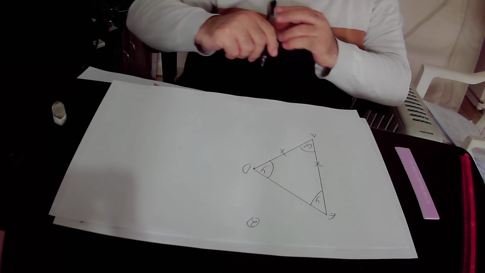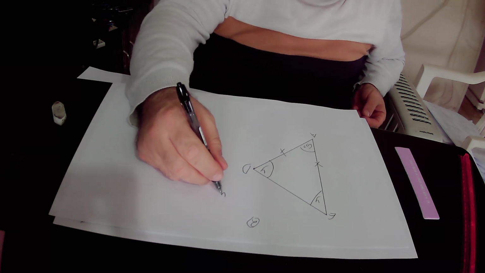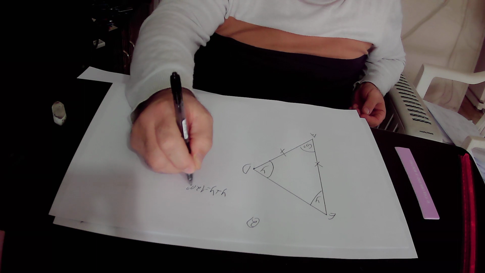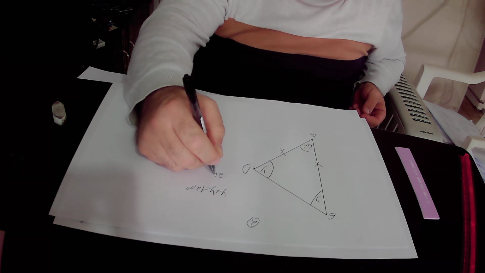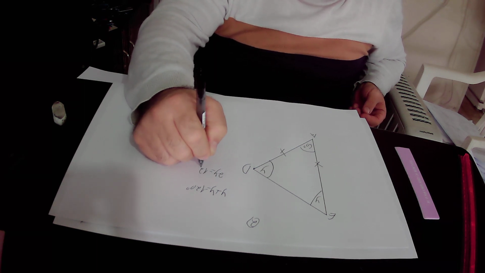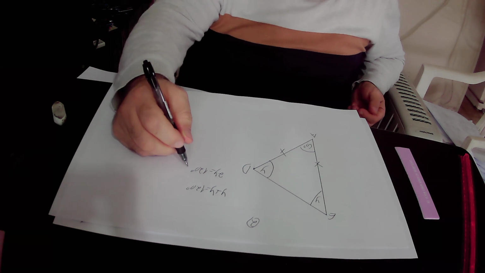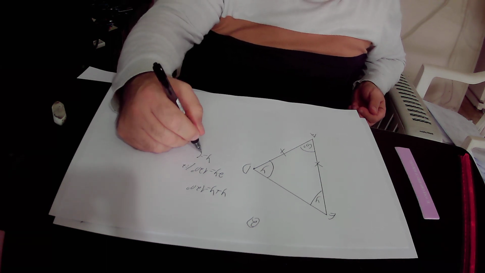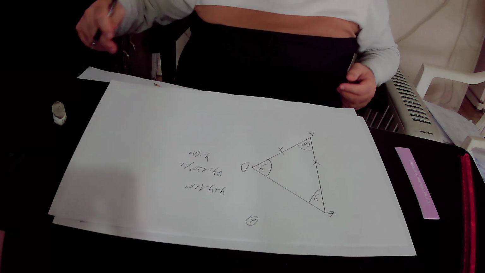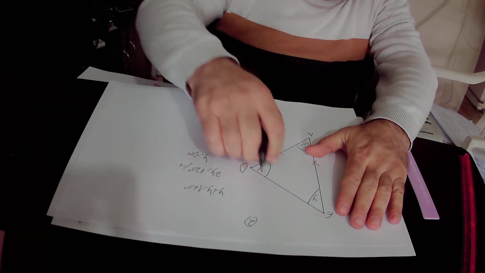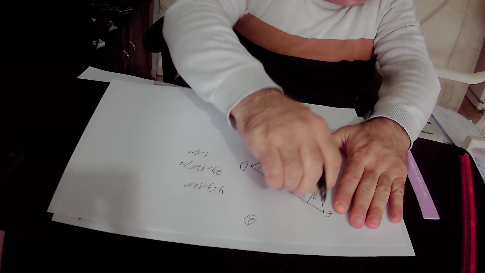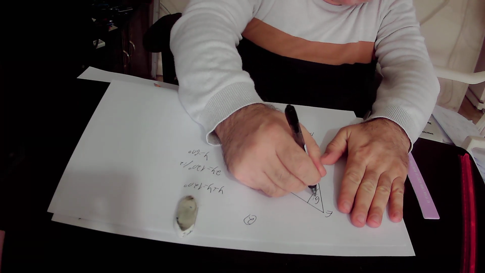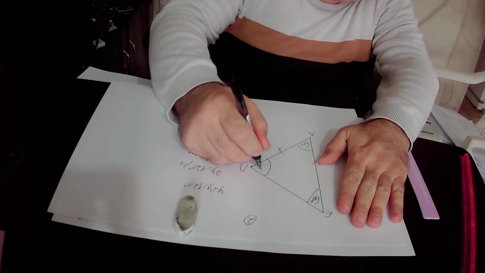So y plus y is 2y, and 2y equals 120 degrees. We will divide this equation by 2, and we will get that angle y equals 60 degrees. So actually, we got here an equilateral triangle.